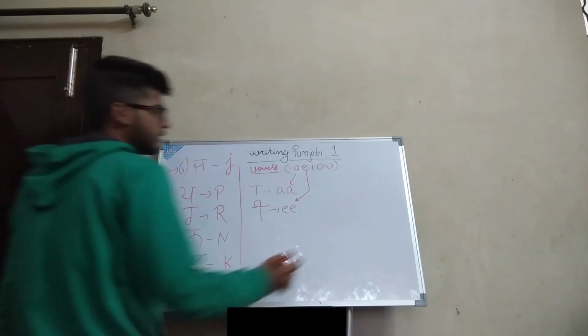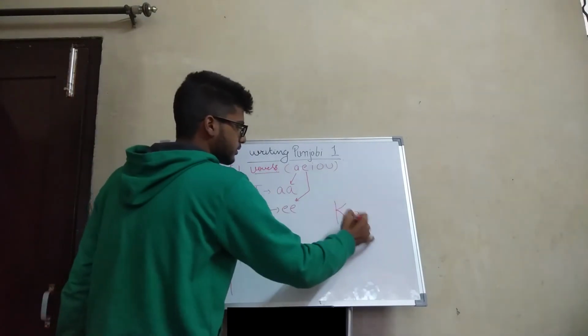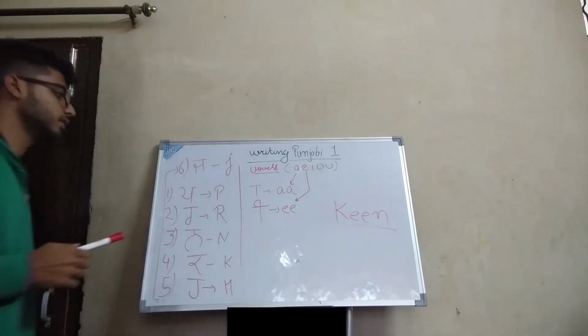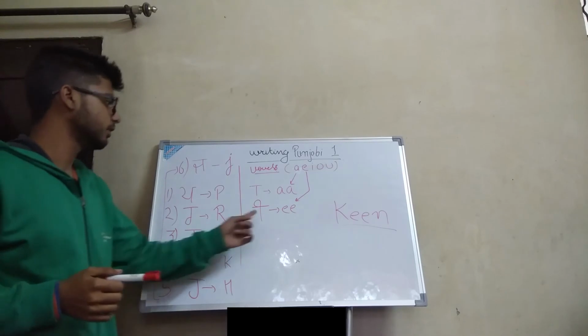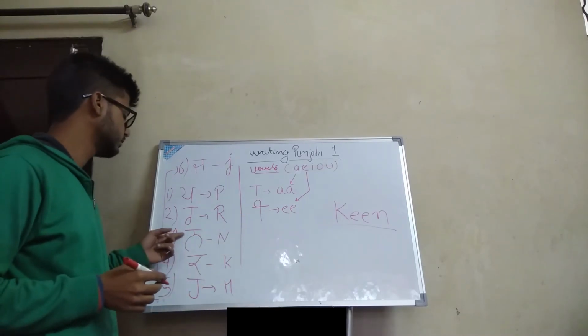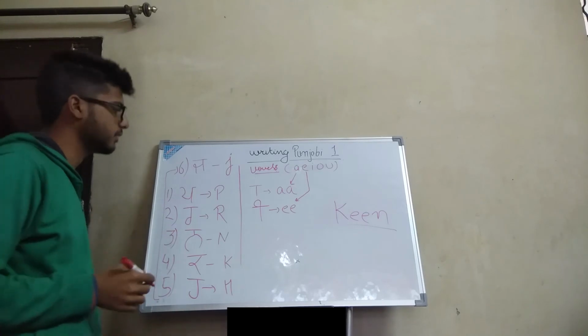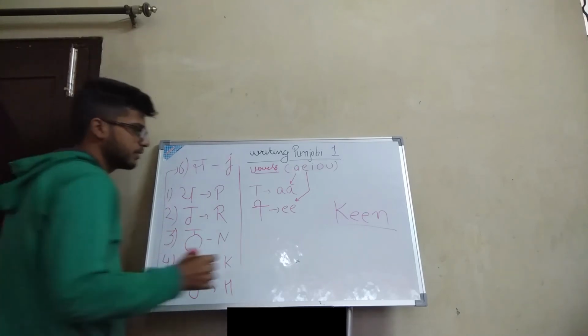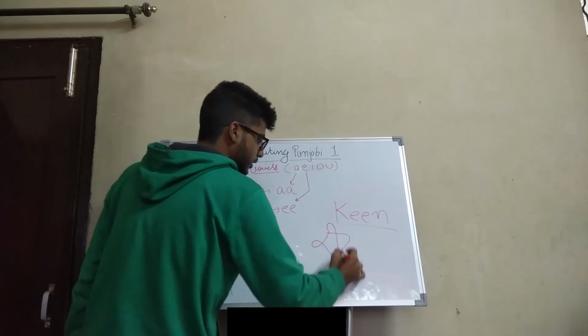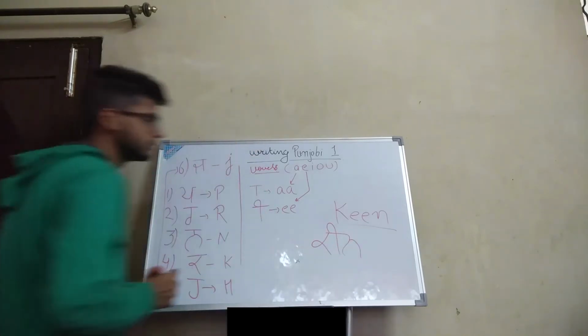What if we want to write this, keen? We need K, double E and N. Present here. So this is how we write keen.